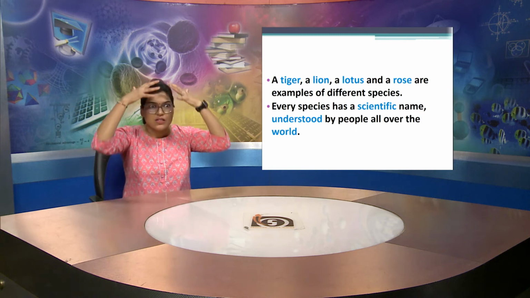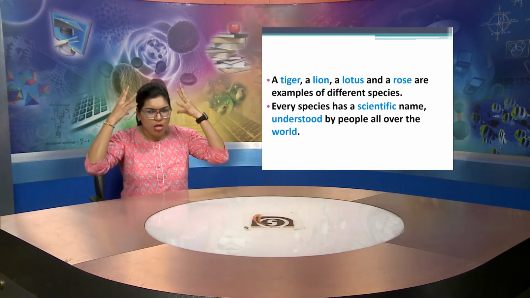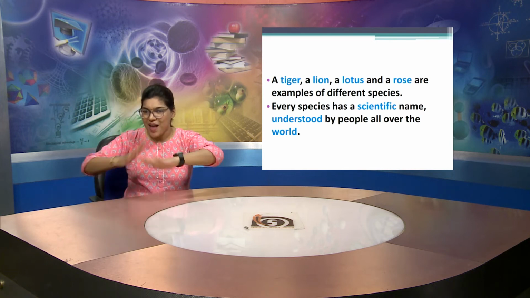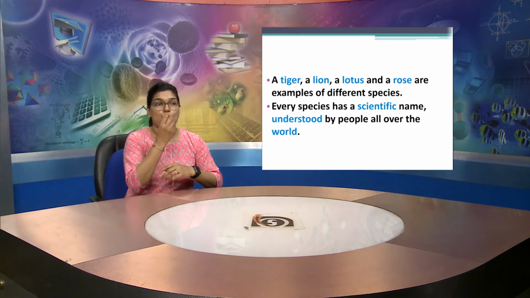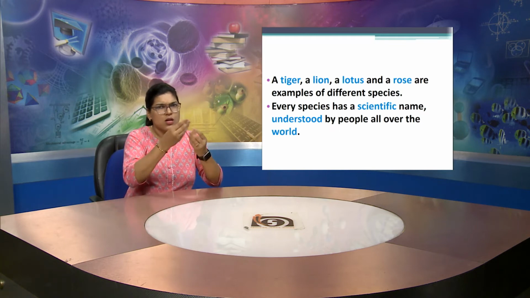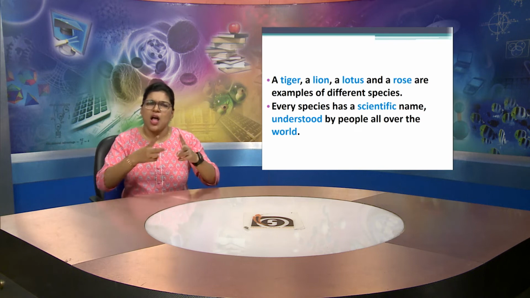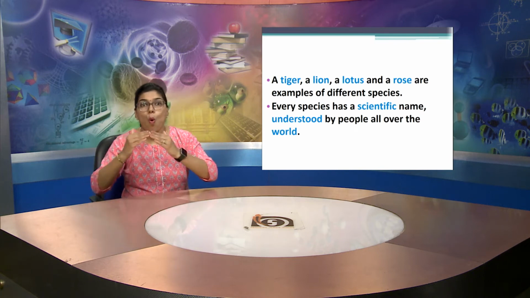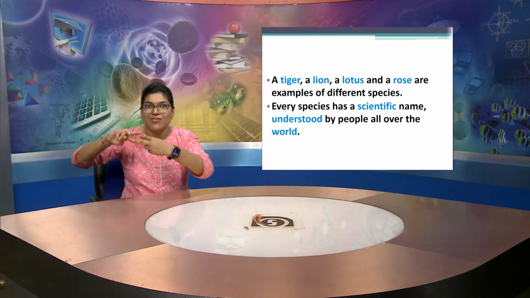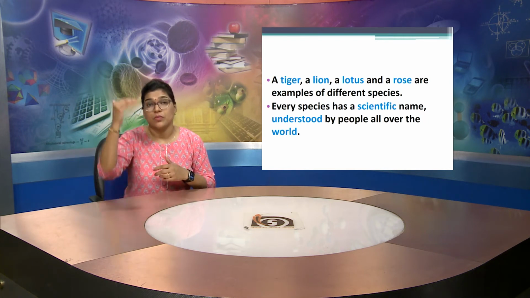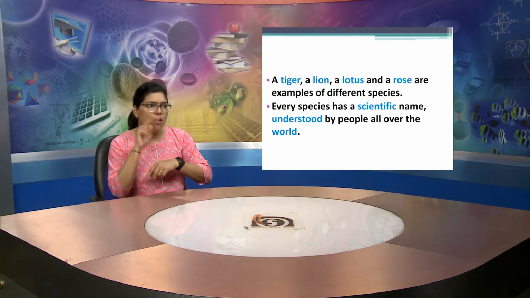There are different species like tiger, lion, lotus, and rose. All these are examples of different species. And every species has a different scientific name, which is understood by the scientific community all over the world.